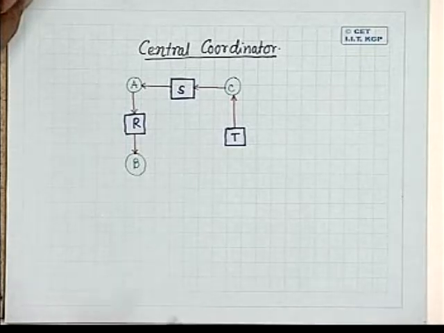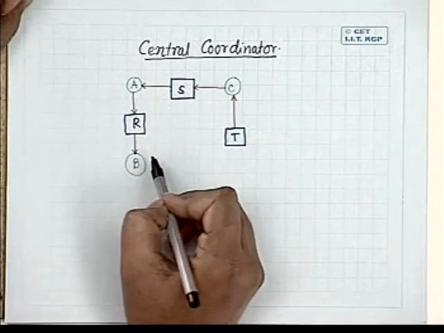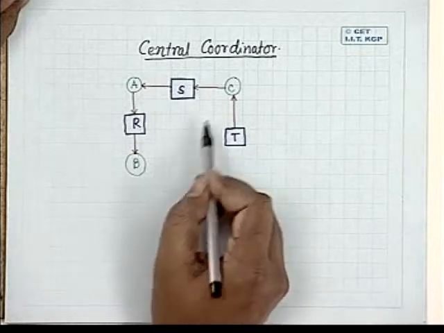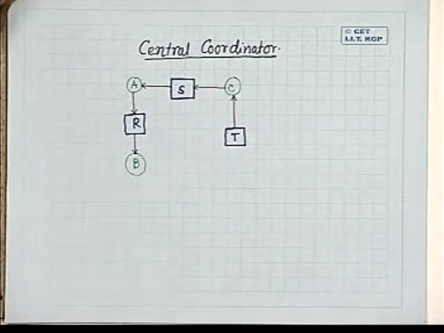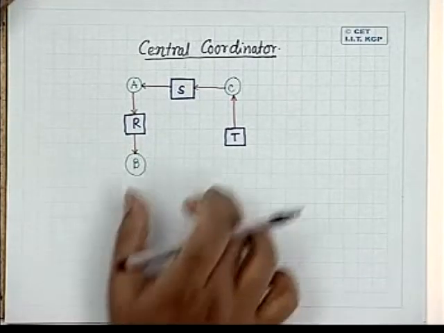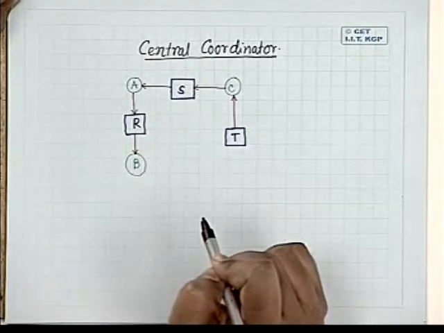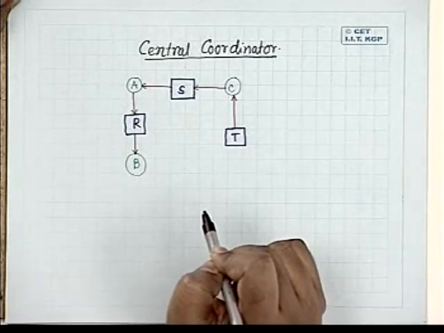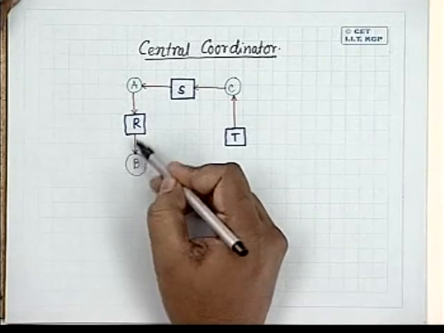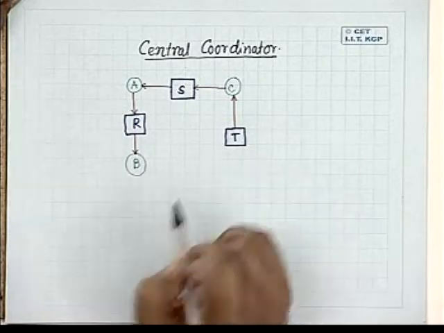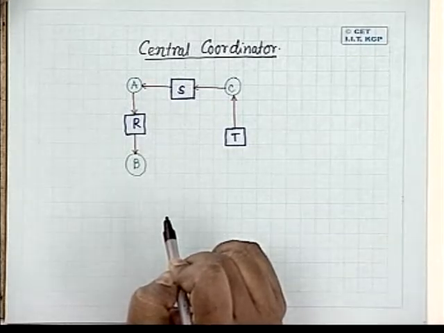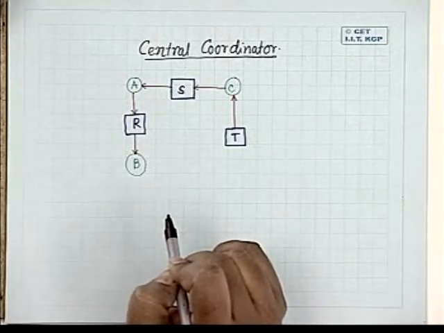Okay. And you find that the central coordinator finds that there is no deadlock in the system because there is no cycle. Okay. Now in this situation, let us assume that B has released resource R. B releases resource R, and after releasing resource R, B has put a request for resource type T. Okay.